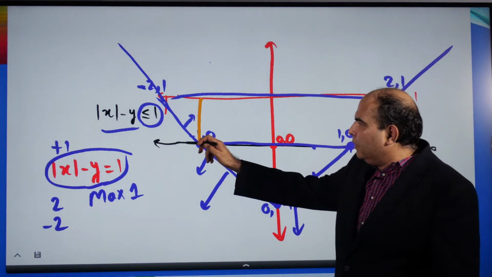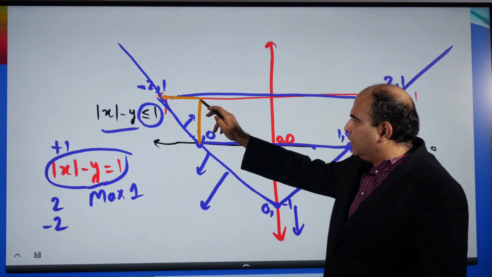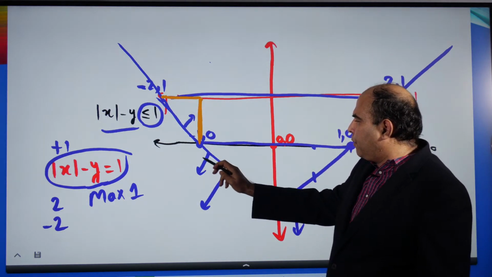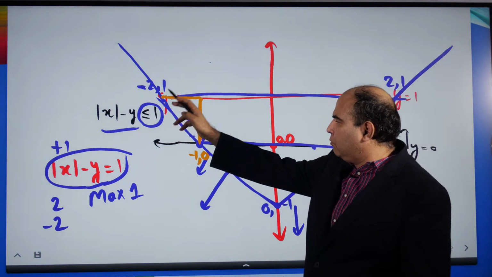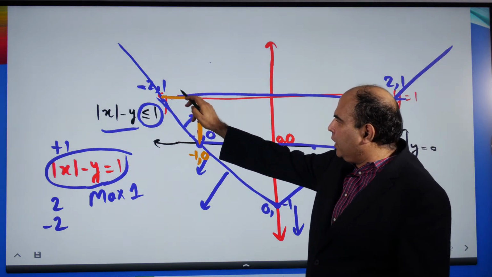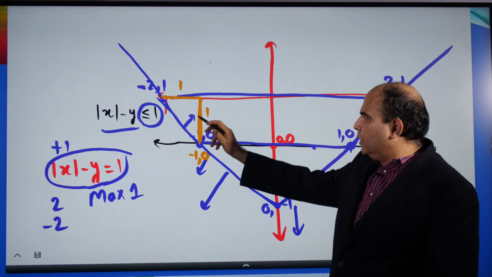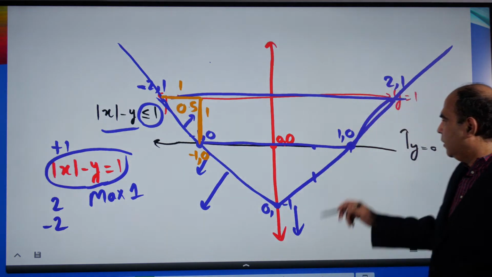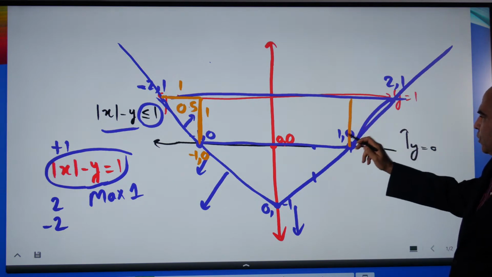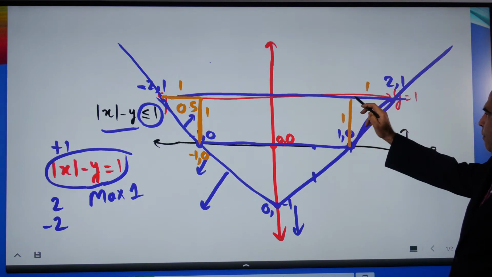So this is a triangle, going from minus 1, 0 to minus 2, 1. Which means it has a height of 1 and a base of 1. So this area is 0.5. On this side, you have a similar triangle, the same triangle actually, height of 1 and base of 1.